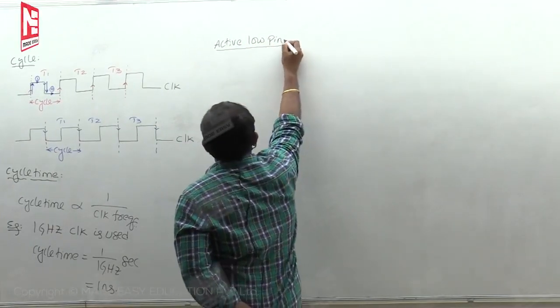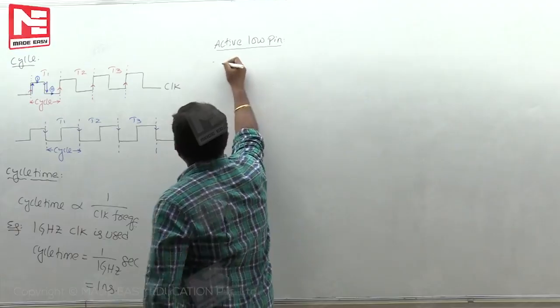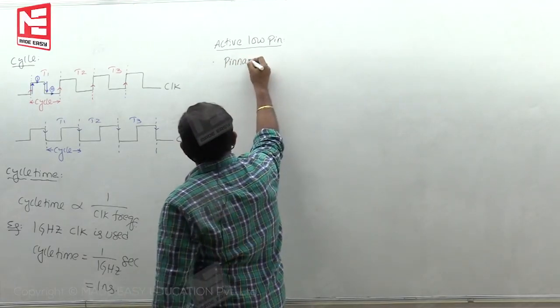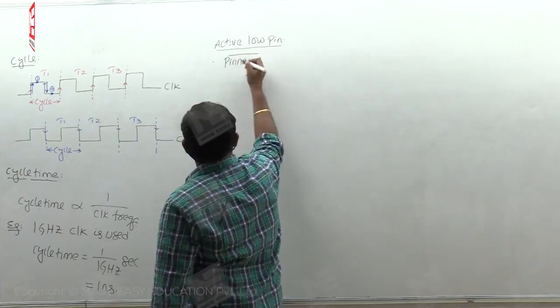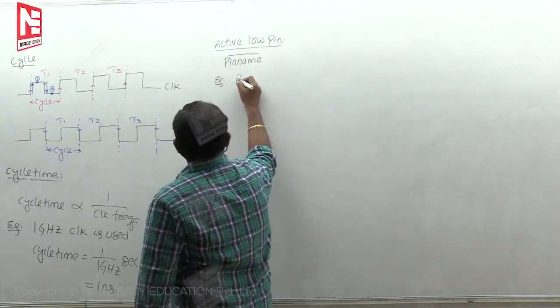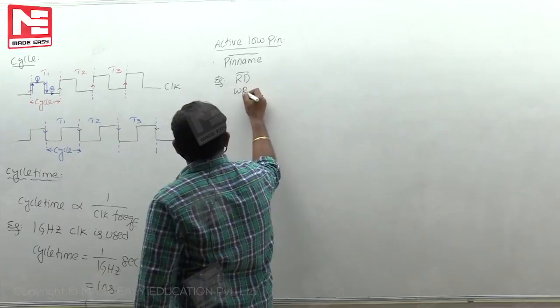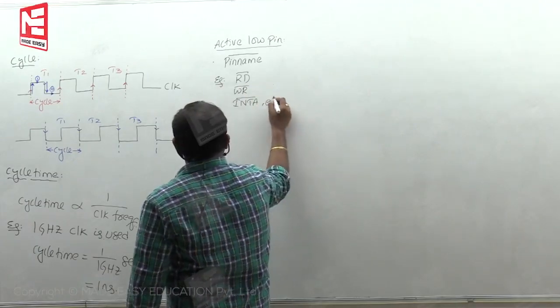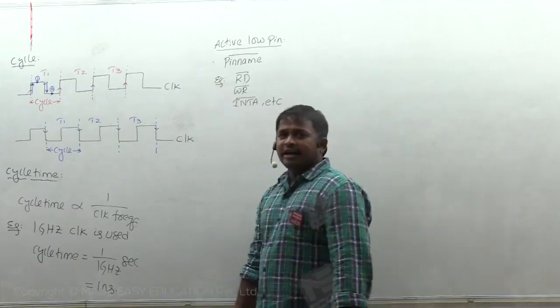Active low: this pin is enabled when the clock pulse is in the low state, denoted with the pin name along with a bar. For example, RD bar, WR bar, INTA bar, etc. These are the pins operated with active low nature.